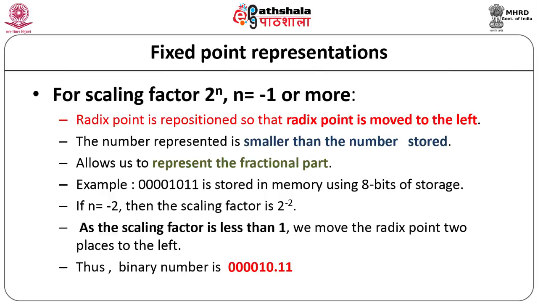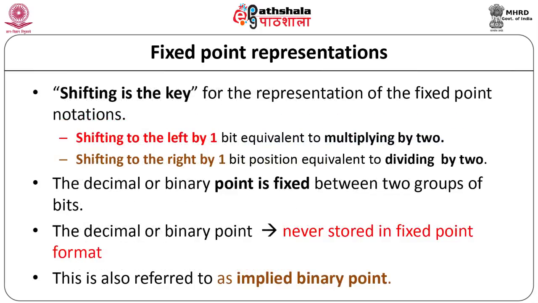If n is equal to -2, then the scaling factor is 2 raised to -2. As the scaling factor is less than 1, we move the radix point 2 places to the left. This gives a binary number 000010.11.